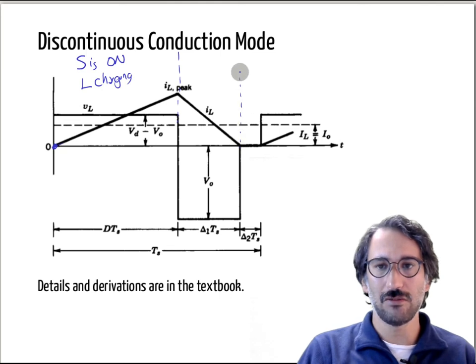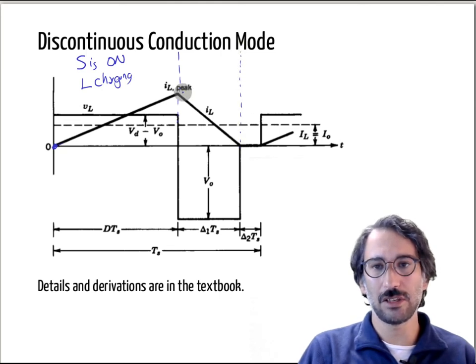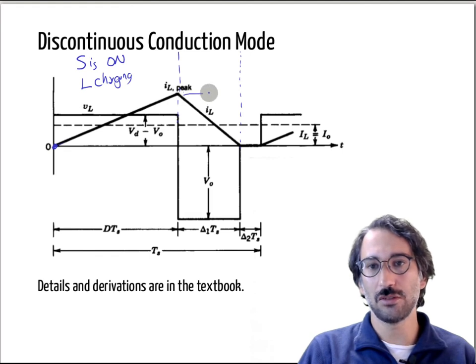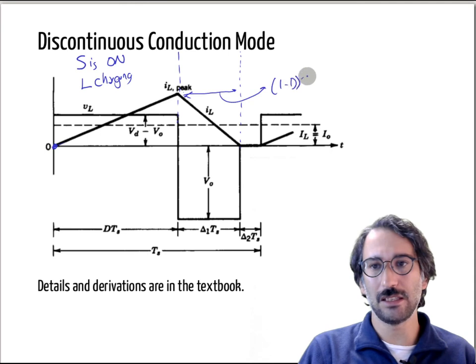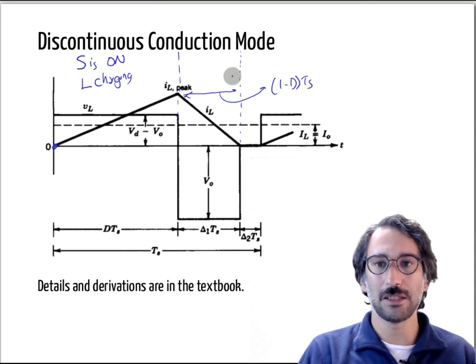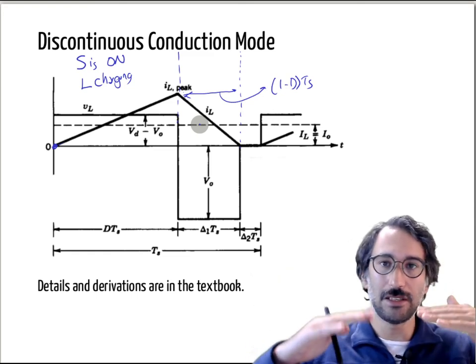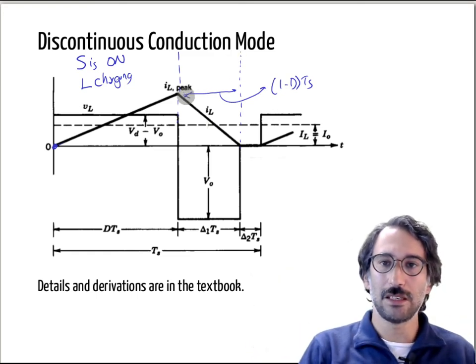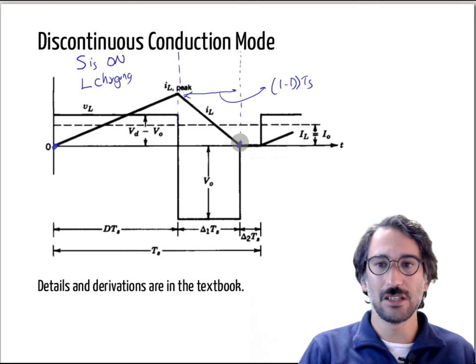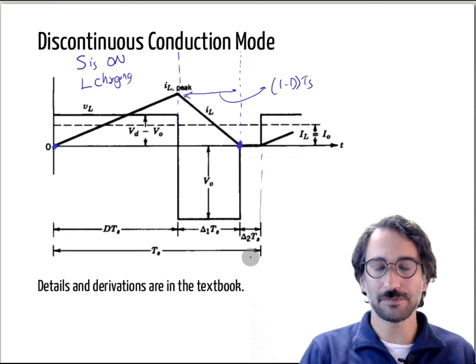And again, for that cycle, which is in the discontinuous conduction mode or in the boundary one, this was 1 minus d times Ts. But now our duty cycle is reduced, or maybe our current has reduced, so we are waiting for the next cycle to come, but it doesn't come, and our inductor discharges and just touches zero before our full cycle starts again.